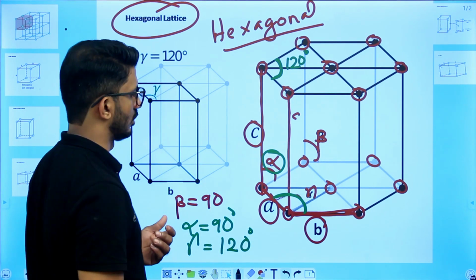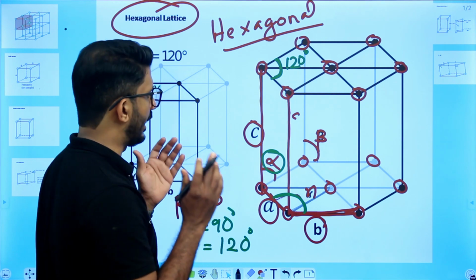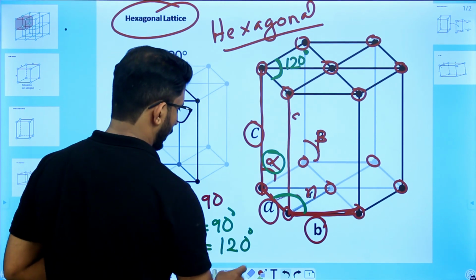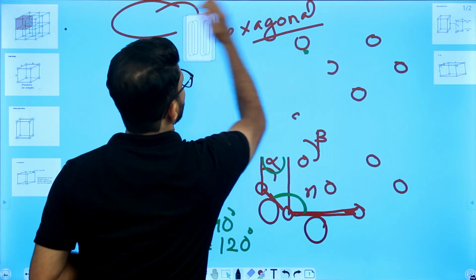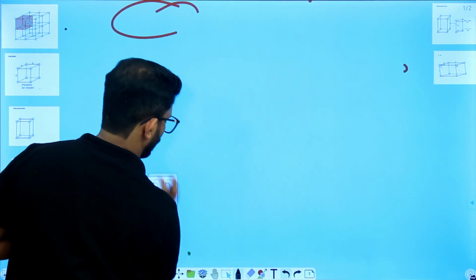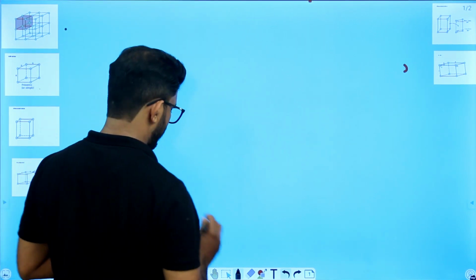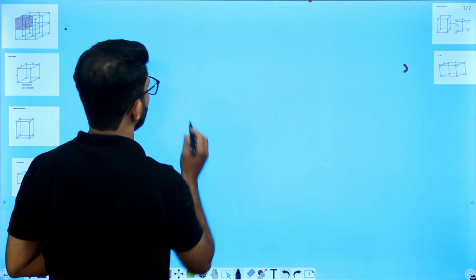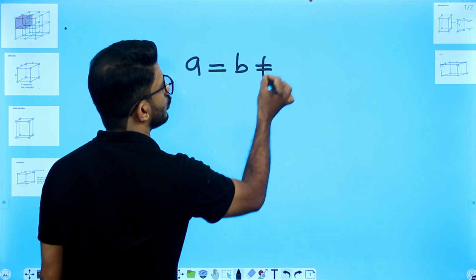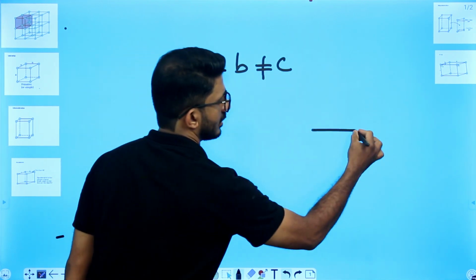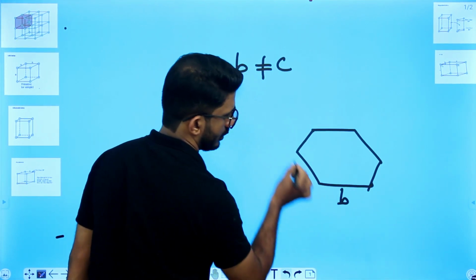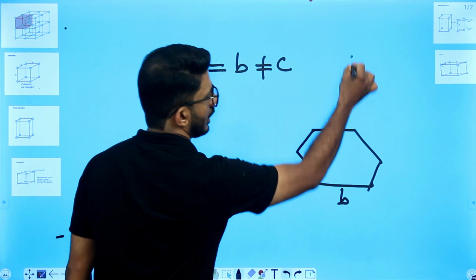And what are the specifications of a hexagonal crystal lattice? We already discussed. A is equal to B, that is not equal to C. A and B are equal, but the height is different.